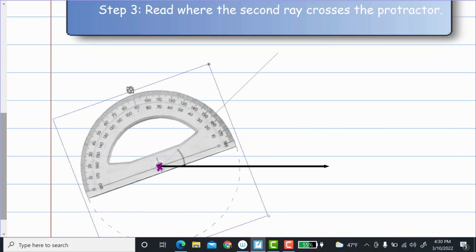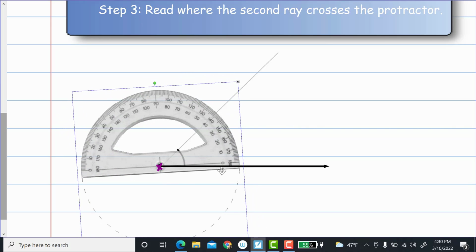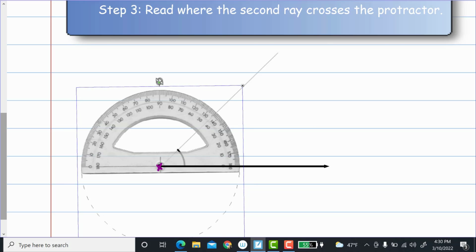So you want to rotate it the other way. You're going to line it up with this ray. Line up the 0 line. That's the 0 right there. Make sure that the vertex is still in the hollow circle.